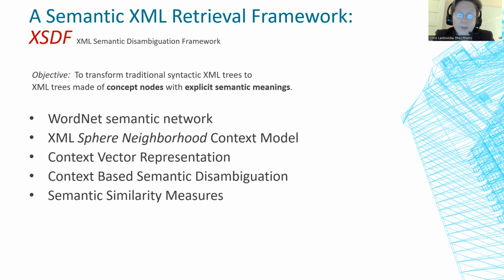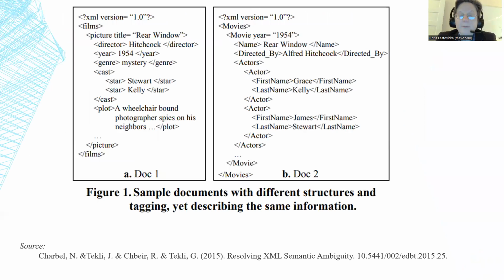And their objective is to turn the syntactic XML trees into meaningful XML trees. This is from the article Resolving XML Semantic Ambiguity by researchers Charbel, Tekli, Jabir, and Tekli.